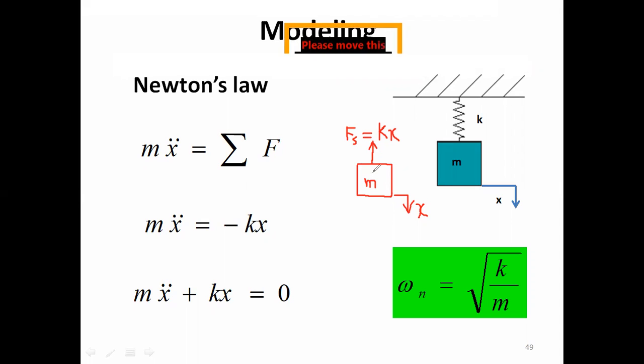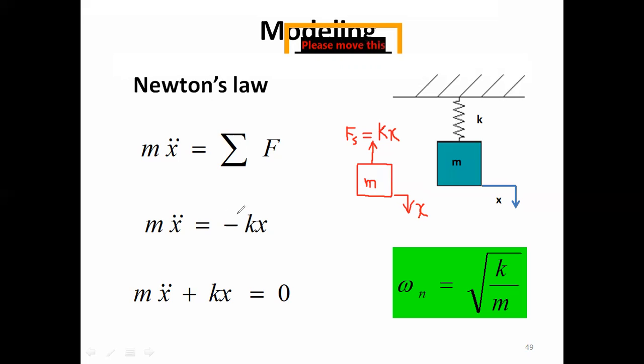All those forces which are along the displacement, we have to take as positive. And all of the forces which are opposite to the displacement at that instant, we have to take as negative. Here we have only one force, and it is opposite to the displacement at that instant, so we take that as negative. So minus Kx.